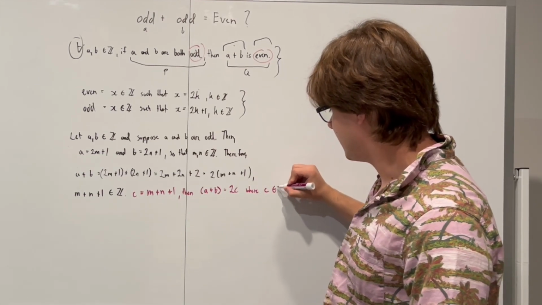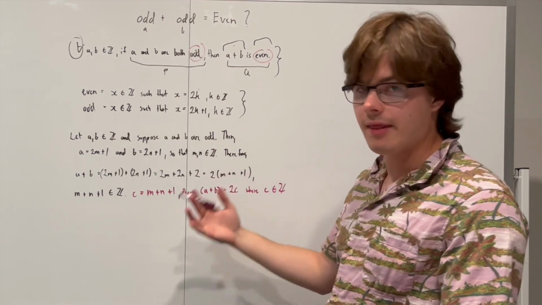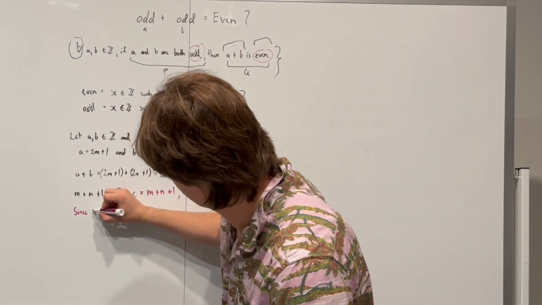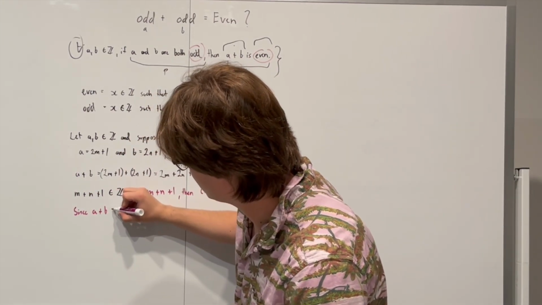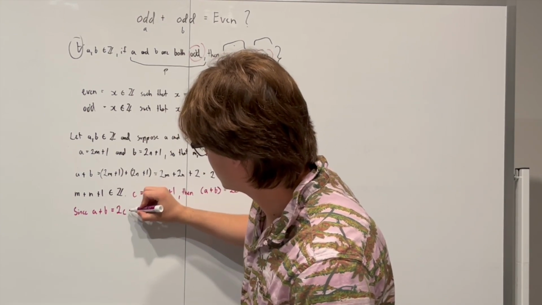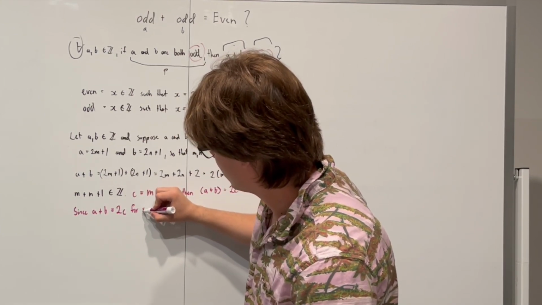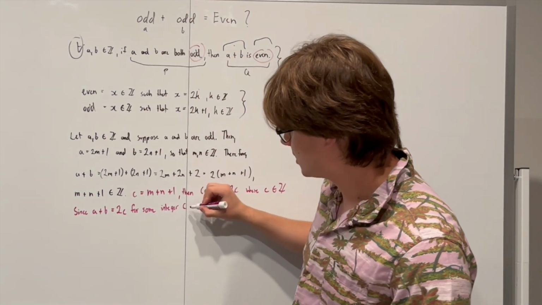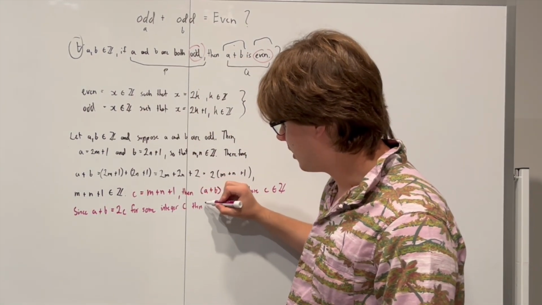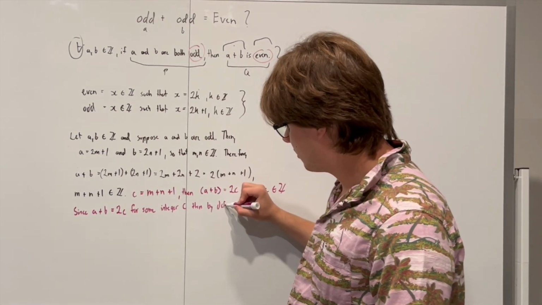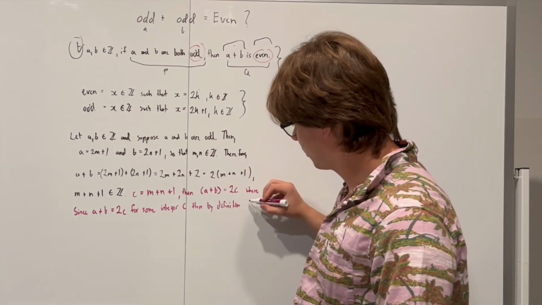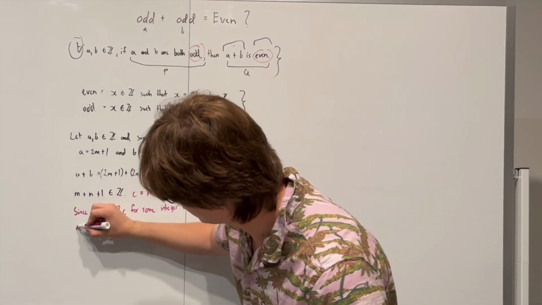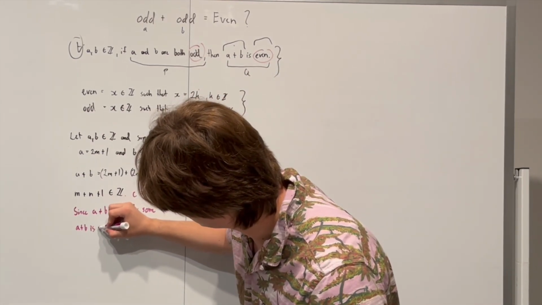Where c is an integer, and then you can argue that since a plus b is equal to 2 times c for some integer c, then by definition of even, a plus b is even.